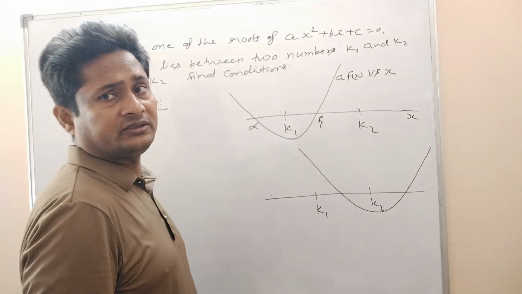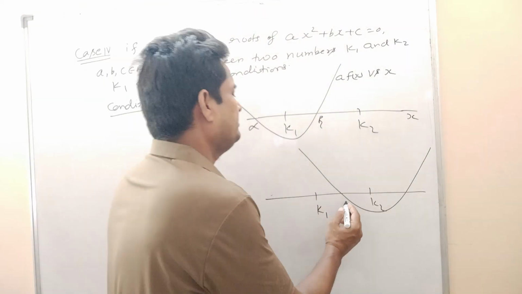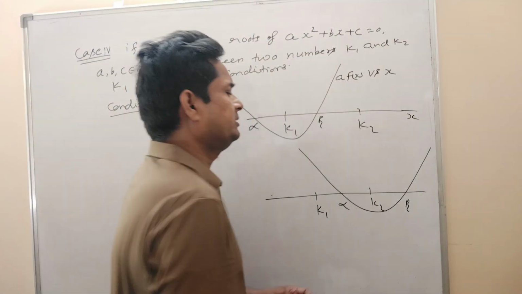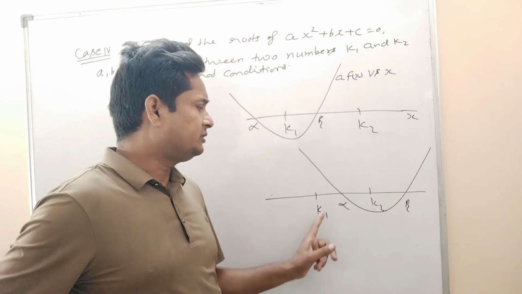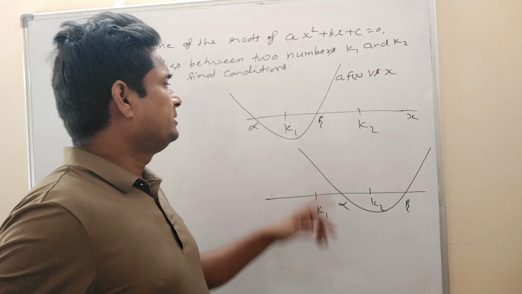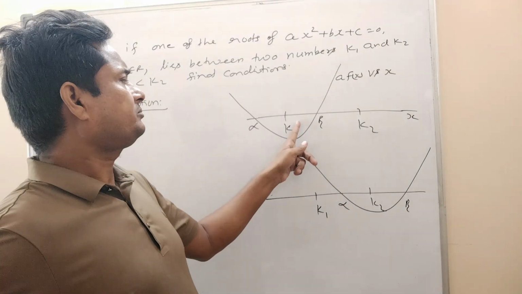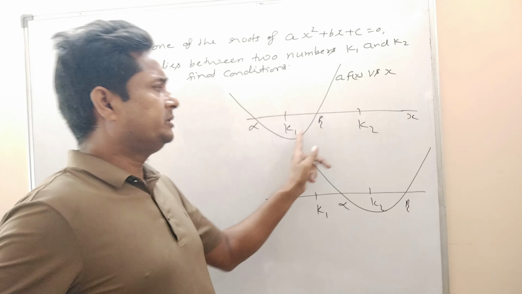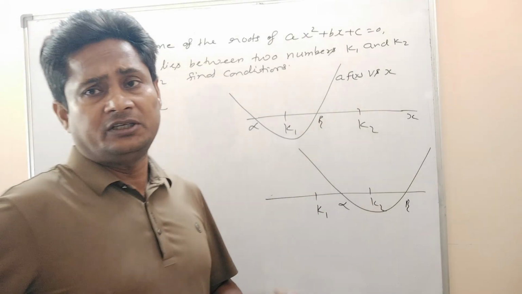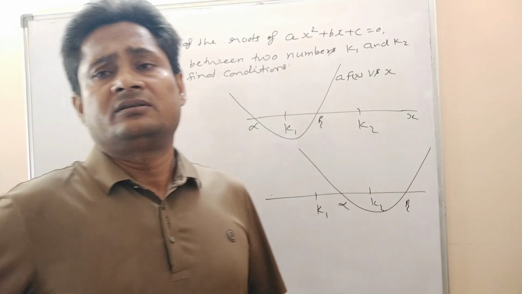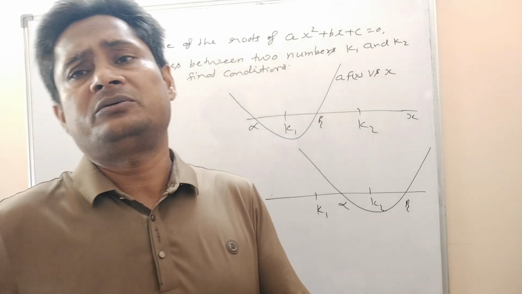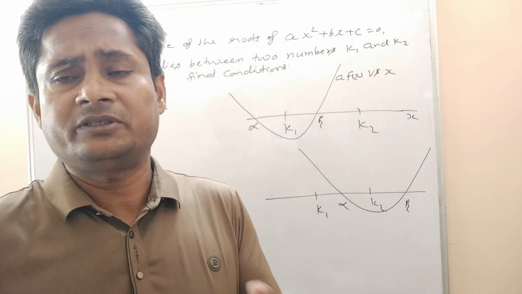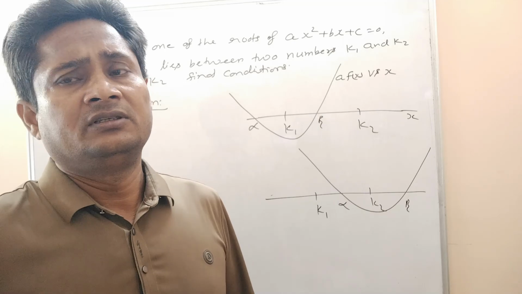The graph passes like this one. Alpha can be here and beta can be here. So in this case, alpha lies between K1 and K2. In this case, beta lies between K1 and K2. In both cases, both are satisfying that one of the roots lies between the two numbers.